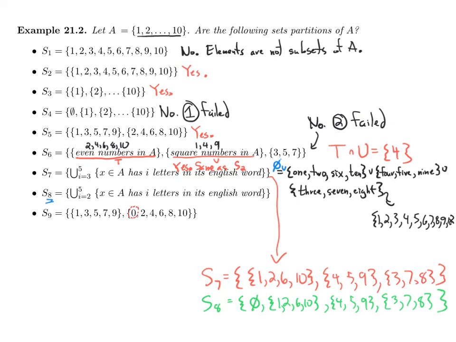And 0, of course, isn't in A. It's not an element of A. So if I call this set M, and this set N, then here the answer is no, since N isn't a subset of A, because there's an element, 0, that's not in A. So the definition of the set just doesn't make sense. And that is the idea of a partition.